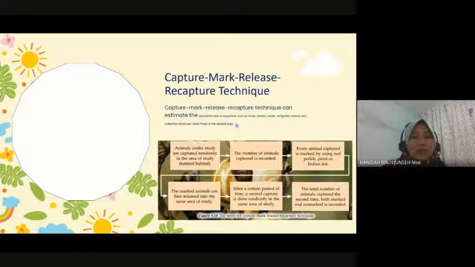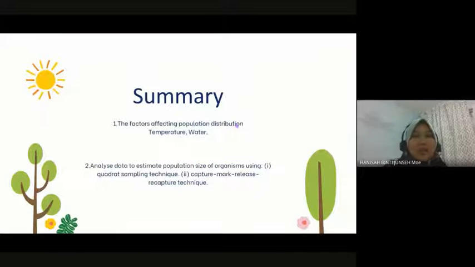Let's do, actually this is the end of the slides, tapi teacher ada satu lagi. I want to show you a virtual lab that has been established by Professor Jason, I think. We're going to look at it just in a second.